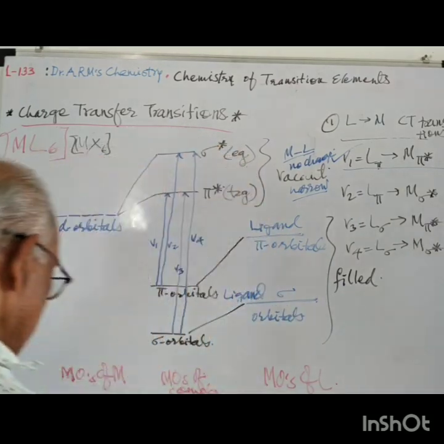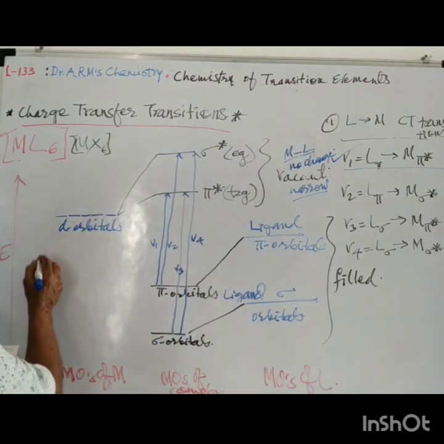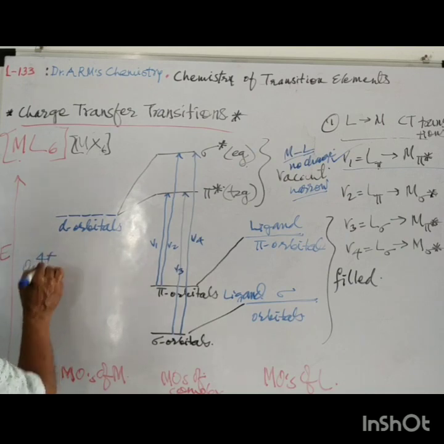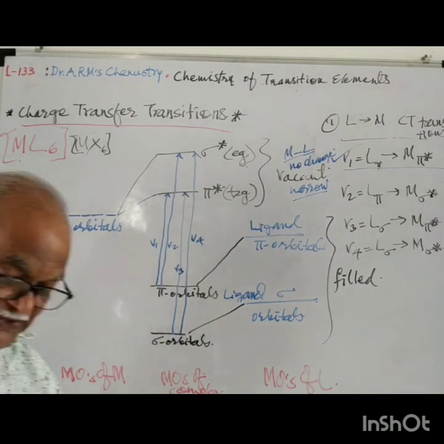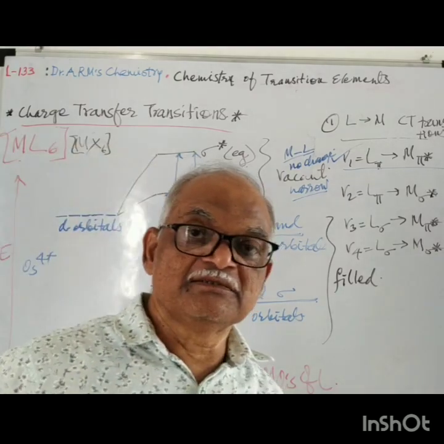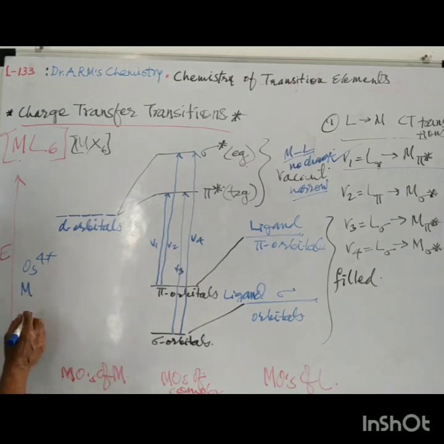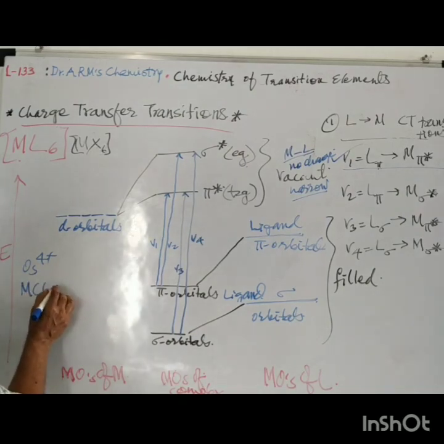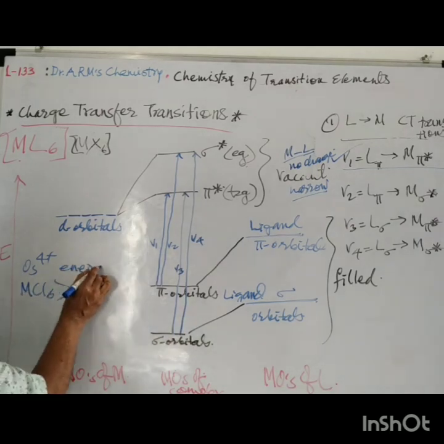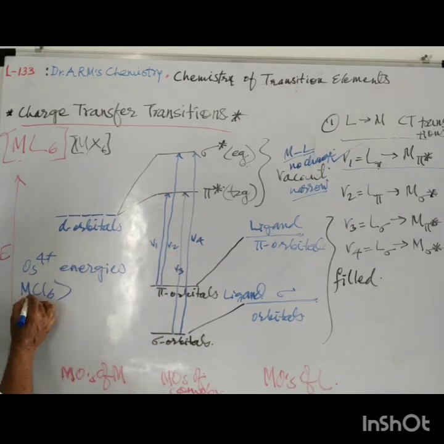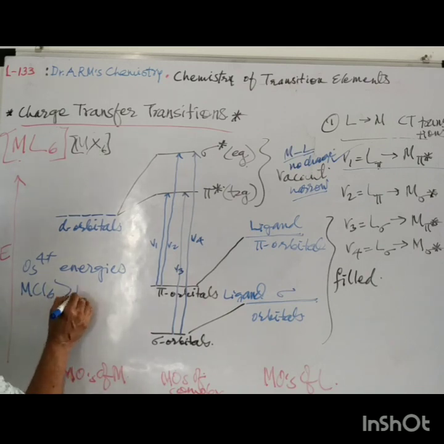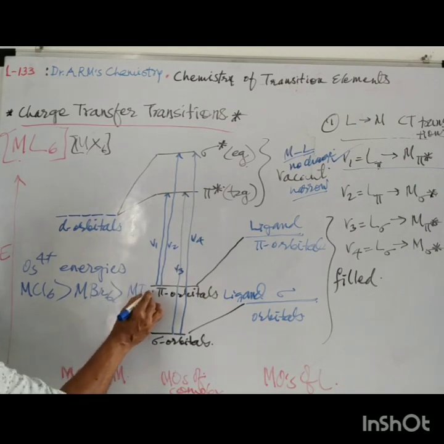For example, if we take the osmium metal ion with 4+ oxidation state, their energies in the hexahalo complexes, MCl6, are in the following order: MCl6, then MBr6, then MI6.